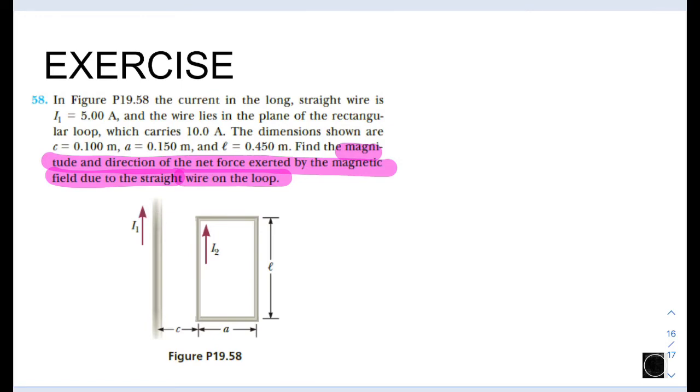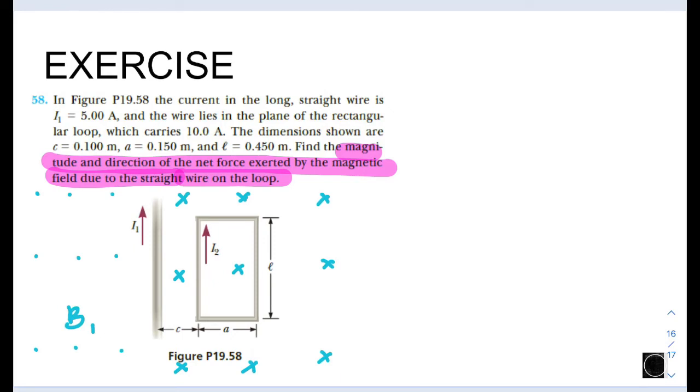So you will see B produced on the right side of wire 1 will be into the page. On the left side will be out of the page. So this is B1.